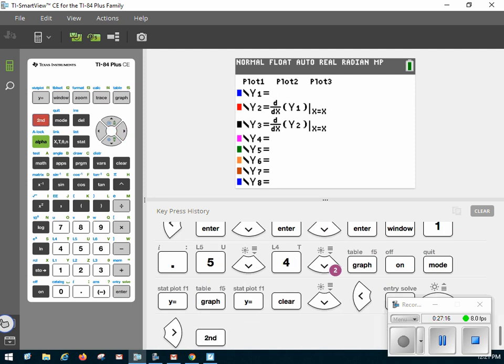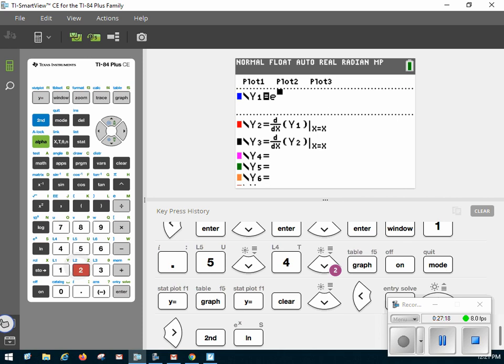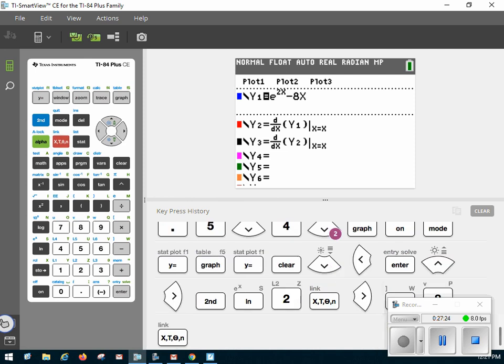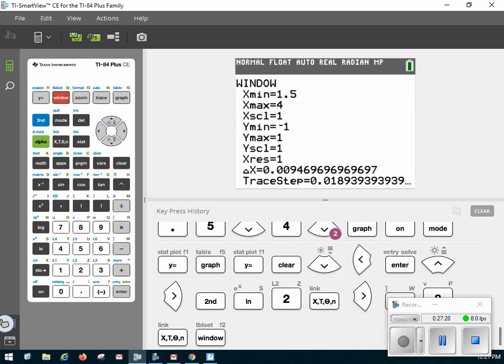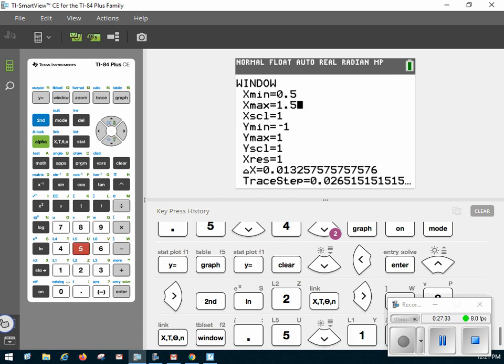E to the 2t minus 8t. And we're on a window of 0.5 to 1.5. Now, I'm not going to graph this, so I don't care about that. I really didn't need to do that either, since I'm not graphing it right now.